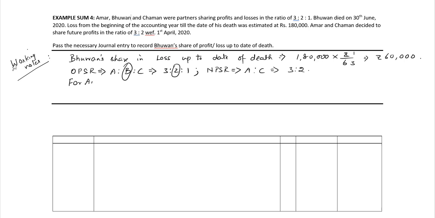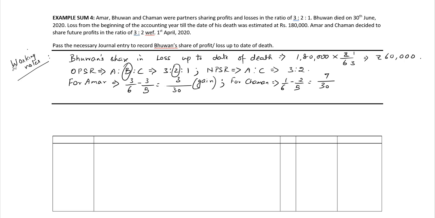For Amar, old share 3/6 minus the new share 3 divided by 5. We get a negative 3 divided by 30 and Amar gains. For Chaman, old share 1/6 minus the new share 2 divided by 5.